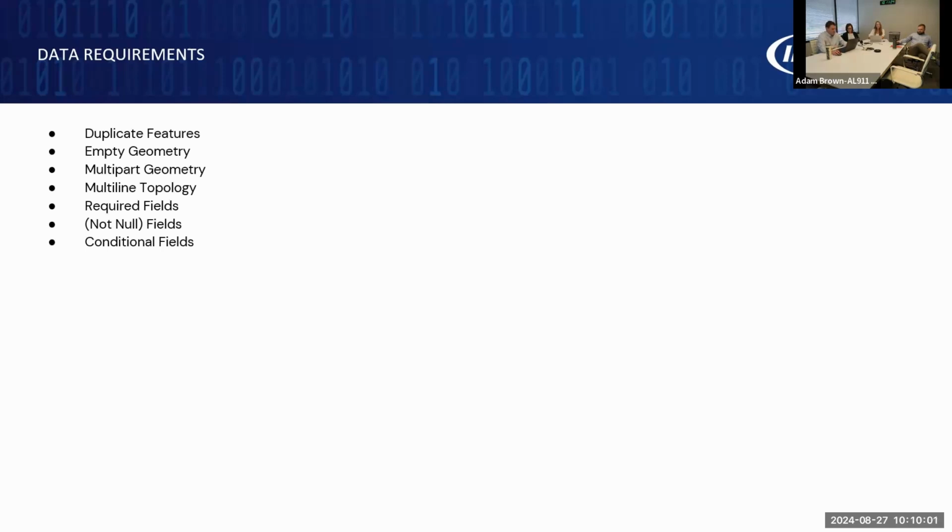So when we're talking about the requirements on our end, it is up to you as the local GIS authority to know that your data is accurate and in the correct location. We are more looking at the attribute fields and multi-part geometry, say in your polygons, or the multi-line topology in your road center lines, as well as any duplicate address points, duplicate road center lines, things like that.